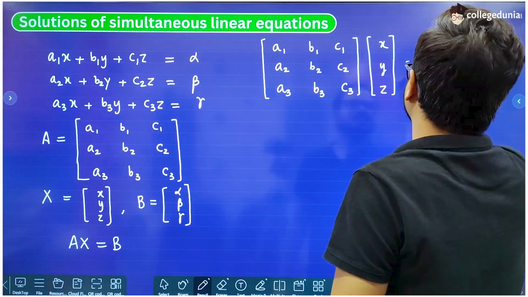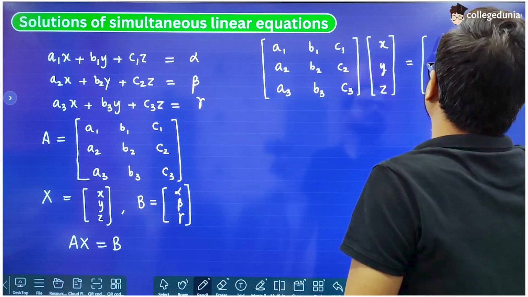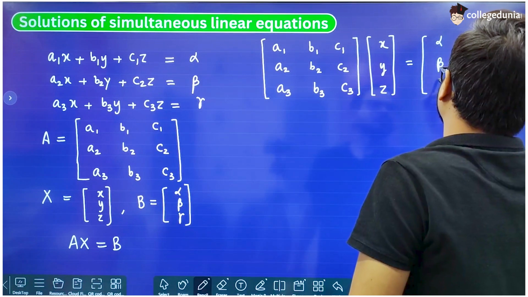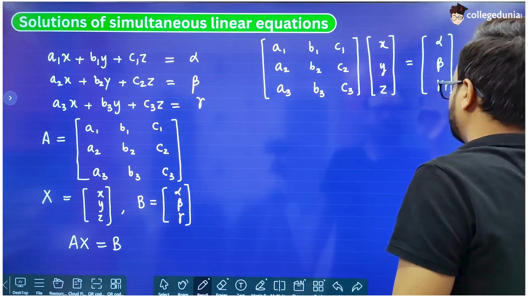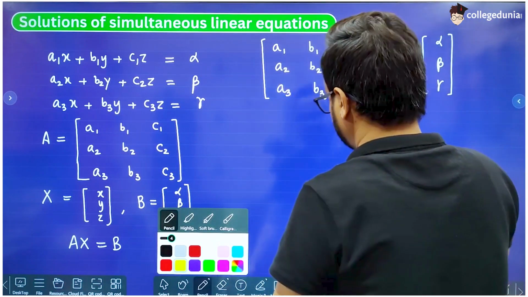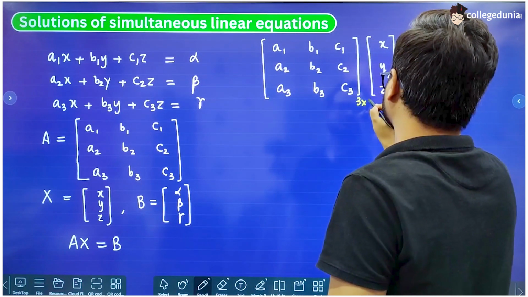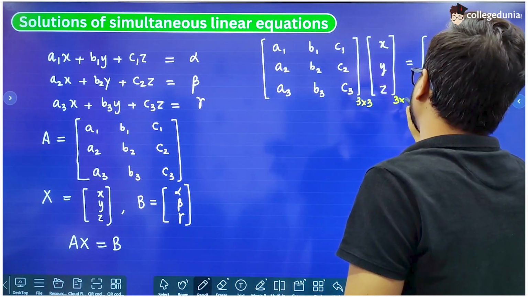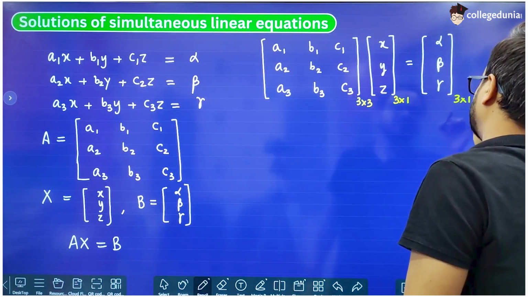AX equal to B. Now this is a 3 by 3 matrix, this is a 3 by 1 matrix, and this is also a 3 by 1 matrix.